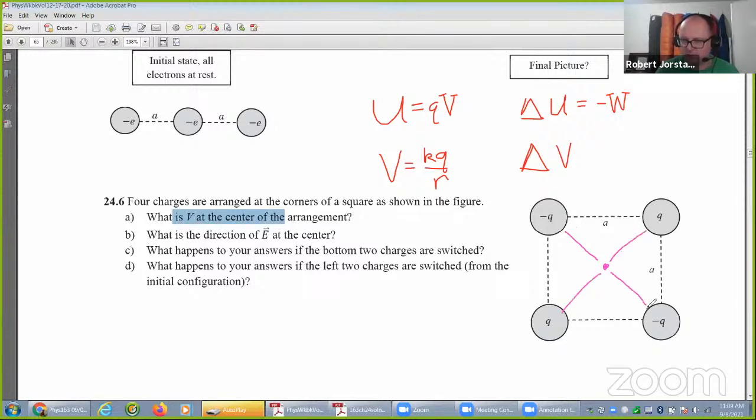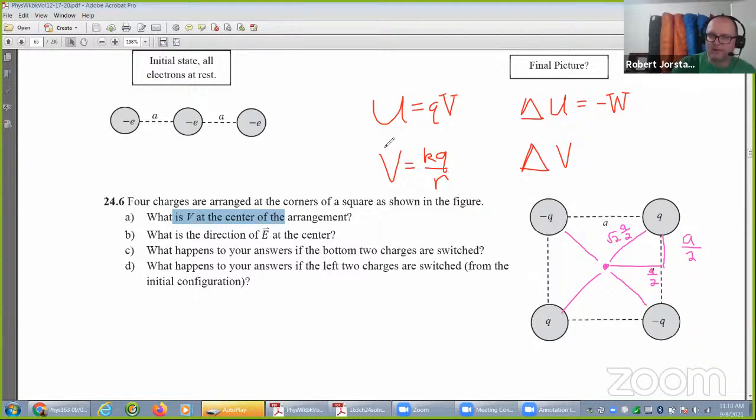I think it's a over root 2 or something like that. Well, maybe we should figure this out really quick. So this side would be a over 2. This side would also be a over 2. And so this side would be root 2 times a over 2, which is what I think a over root 2, but whatever. They're all the same distance away.